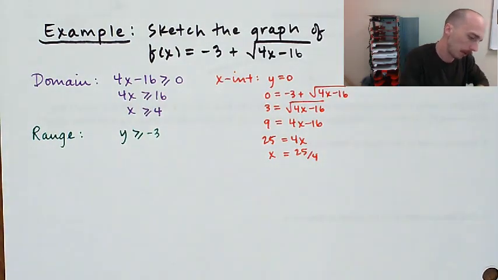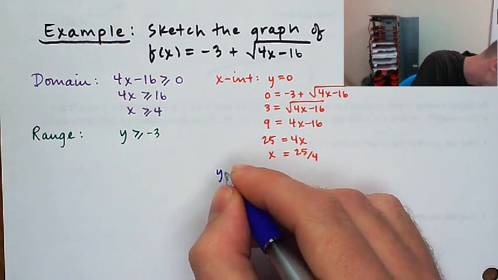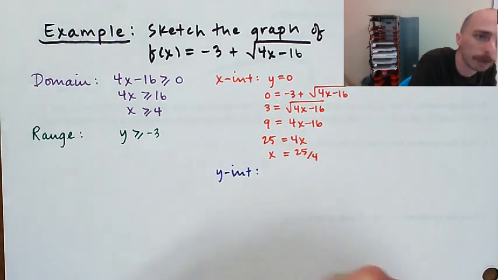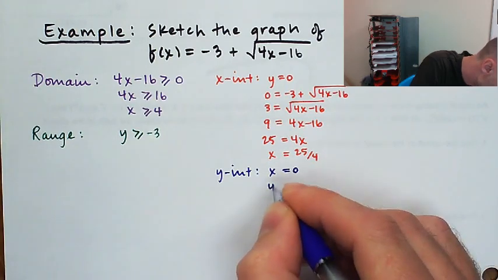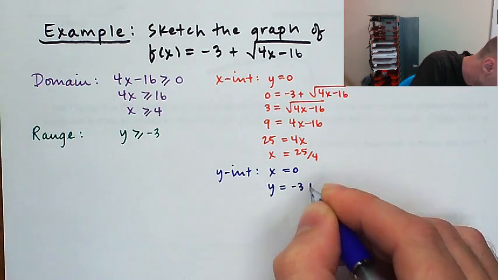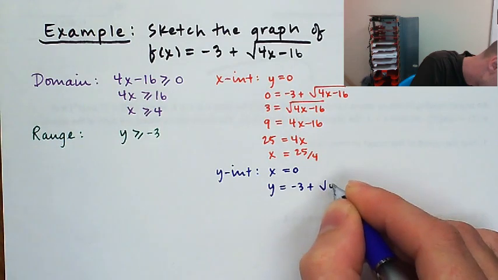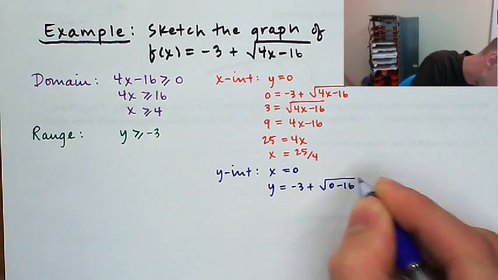For the y-intercept, that's where x is equal to 0. So y will equal negative 3 plus the square root of 4 times 0 minus 16.